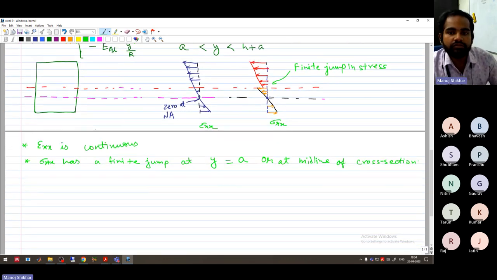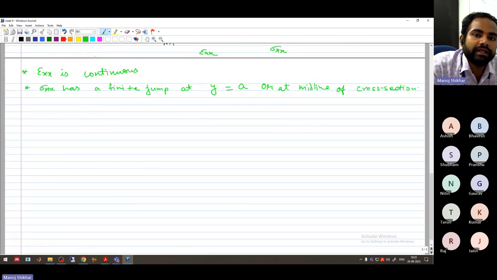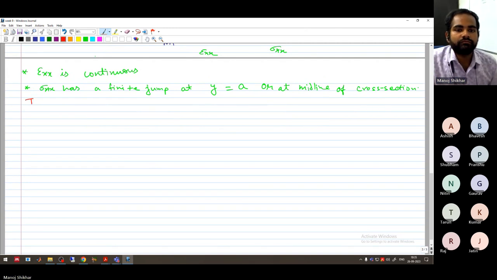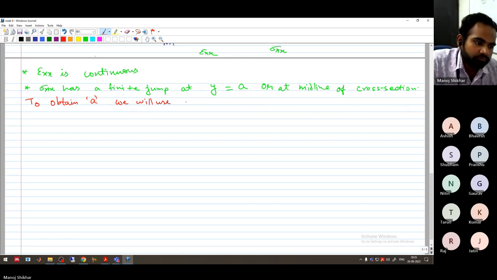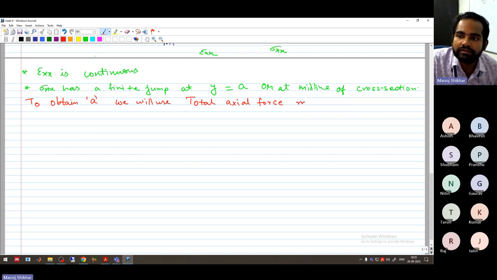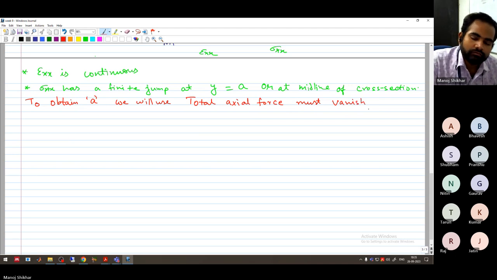Anyways. So to obtain the value of a, we will use that the total axial force must vanish in the cross section.